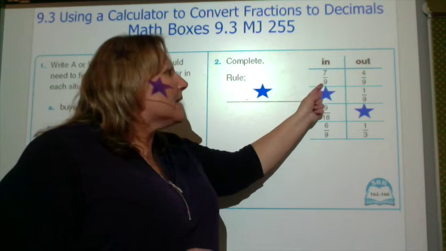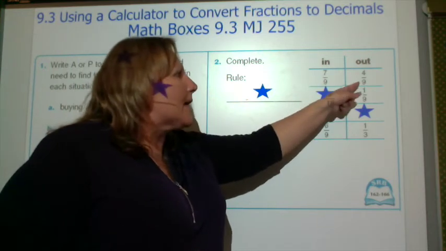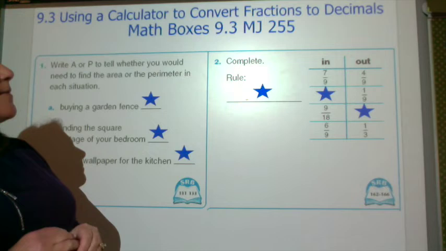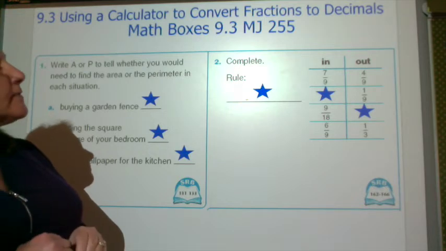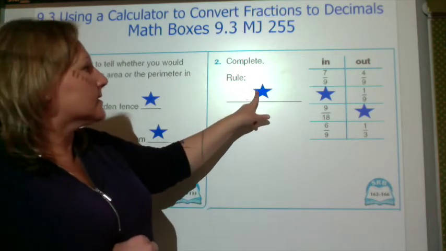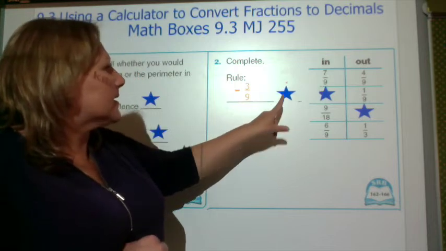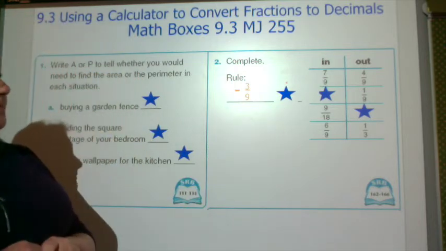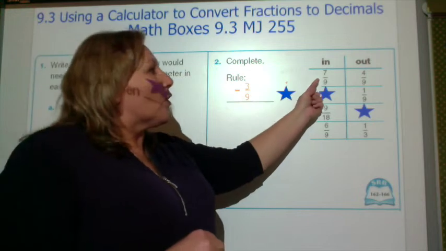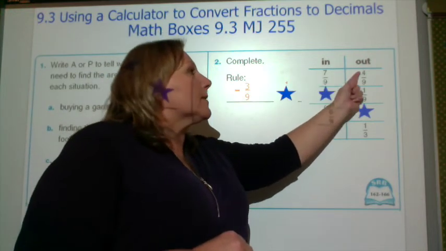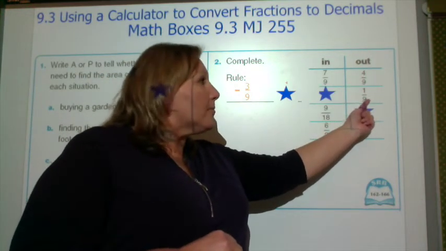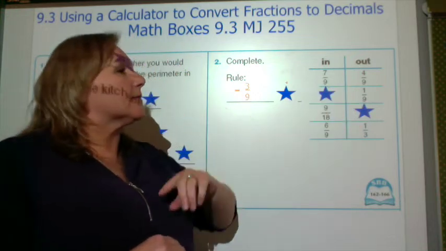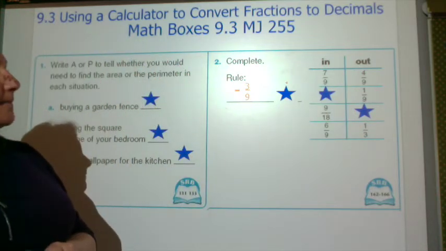So that means that fraction went in as a big one and it came out smaller when it came out of the out box. So we have 7 take away 4, which is 3/9. Your first rule is going to be take away 3/9. If you have the in box number, you want to subtract, but if you have the out box number, you want to do the opposite of subtraction, which is adding.